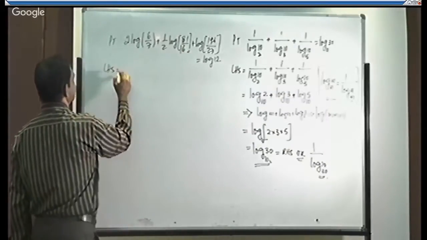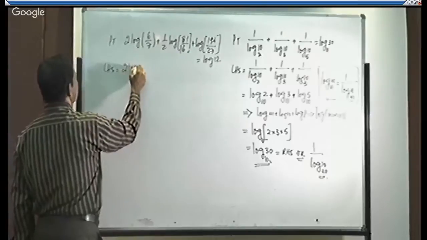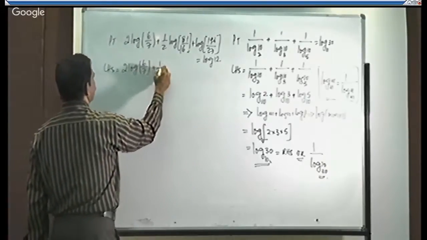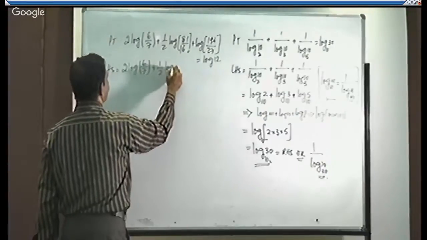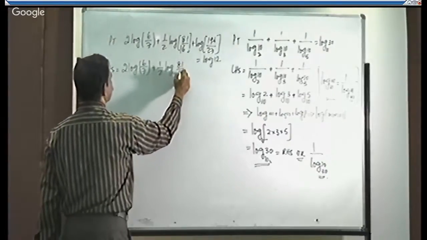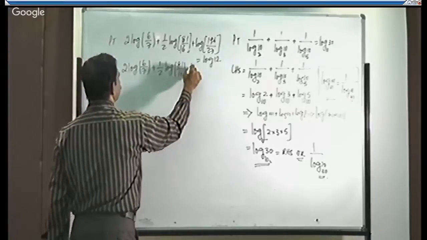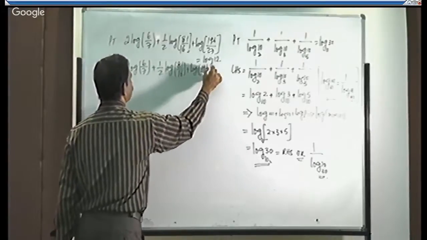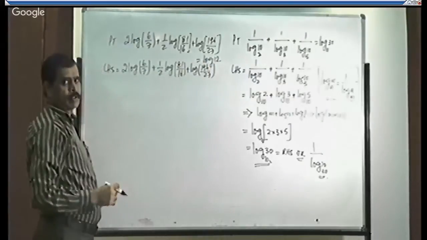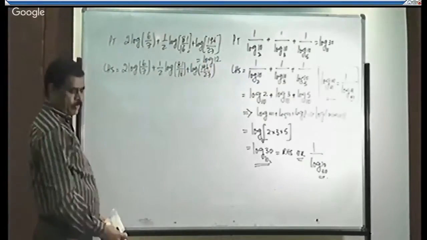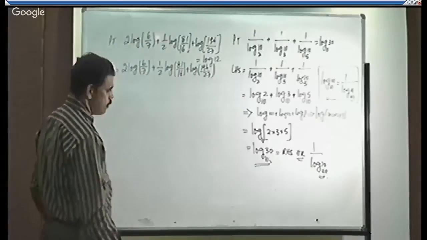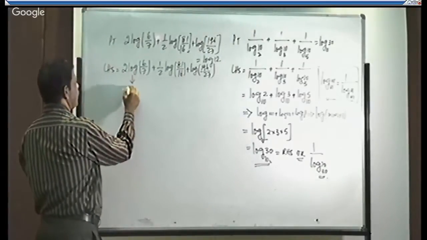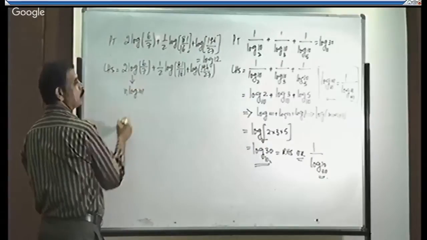Take the left hand side. What is the left hand side? 2 into log of 6 divided by 7 plus 1 by 2 into log of 81 divided by 16 plus log of 196 divided by 27. The first term appears like n log m form, correct?